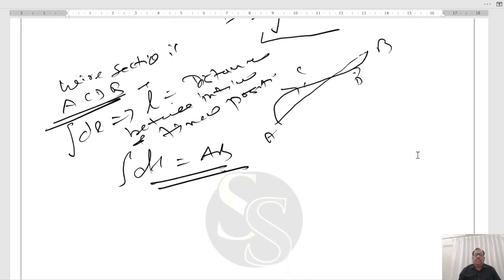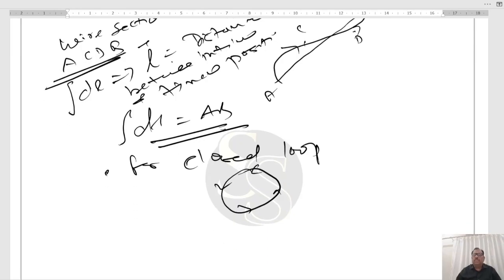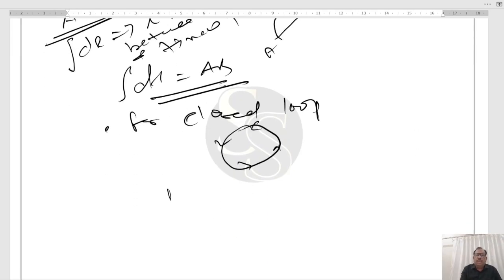Right? For a closed loop, suppose in this case a circle with current like this, the net force Fm is 0 and the torque is also 0.